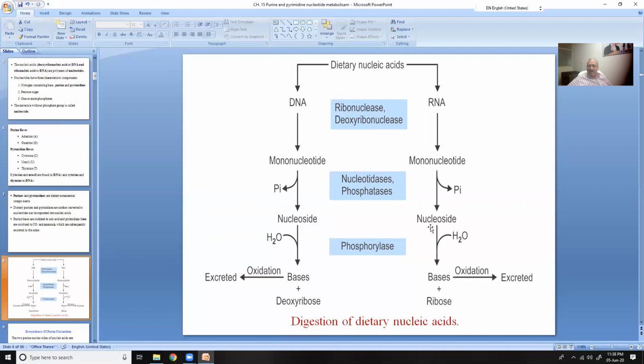Here, with the addition of water, we have bases and ribose sugar, and from DNA we have deoxyribose. So the sugar is separated, the bases are oxidized, and then they are excreted. So you can say that dietary nucleic acids do not contribute to the formation of DNA and RNA in the body.